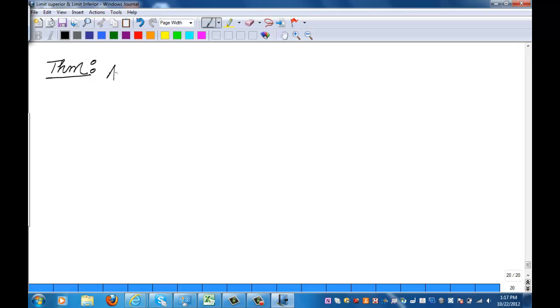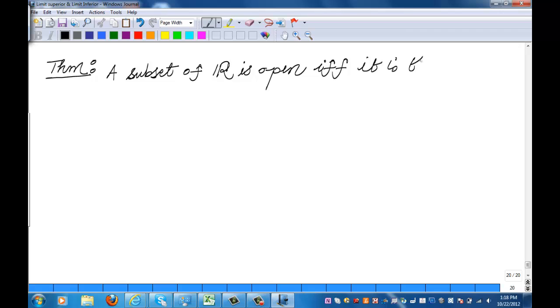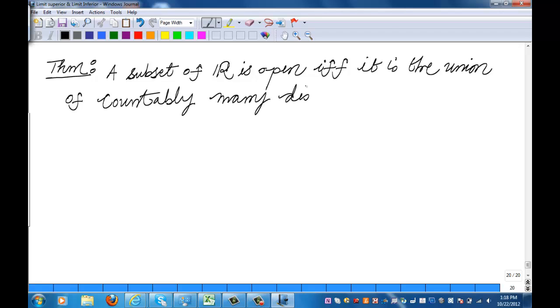A subset of R is open if and only if it is the union of countably many disjoint open intervals.